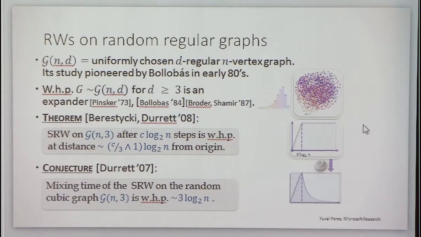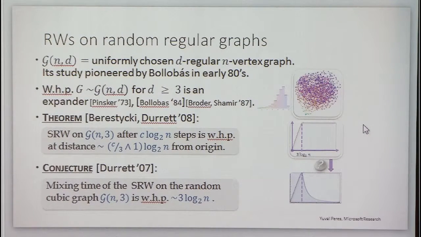Now, where does the 1/3 come from? That's very simple to understand, because a 3-regular graph is locally like a 3-regular tree. And on a 3-regular tree, you have a drift of 1/3. With probability 2/3, you move further from the starting point, 1/3 you move closer.